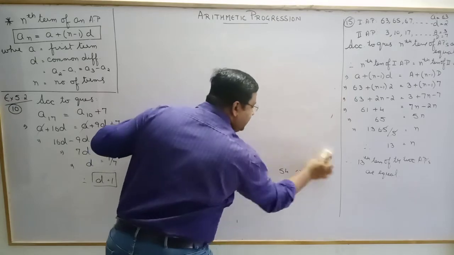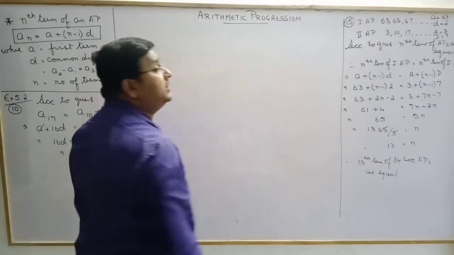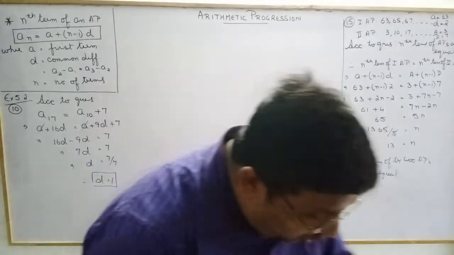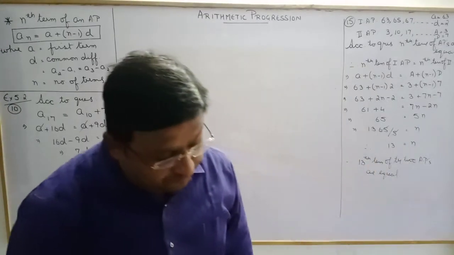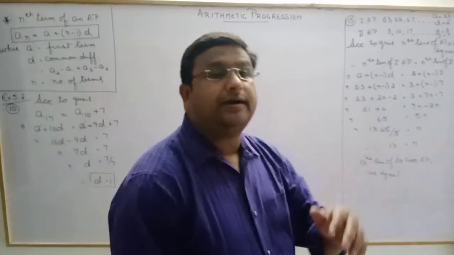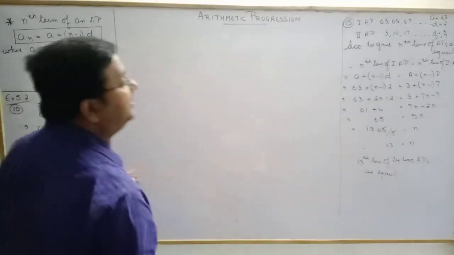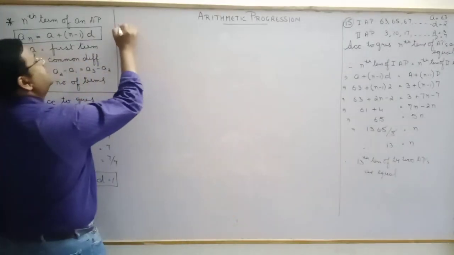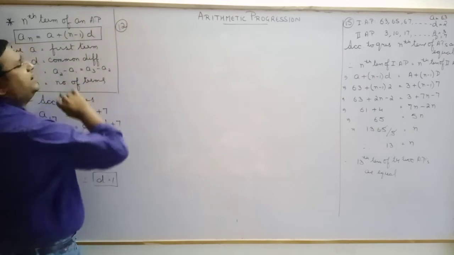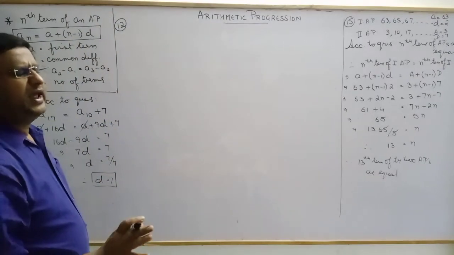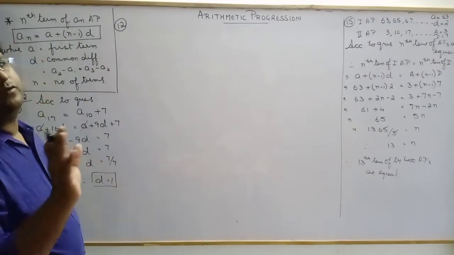Yes or no? Here he says that they have the same common difference. The difference between their 100th terms is 100. Find the difference between their 1000th terms. Students, be very, very careful and you will be scoring full marks.